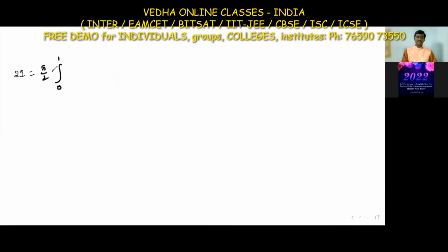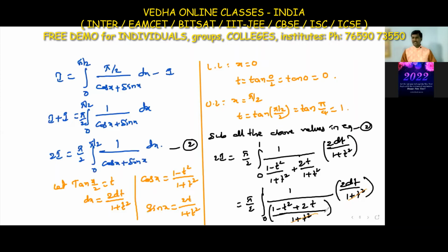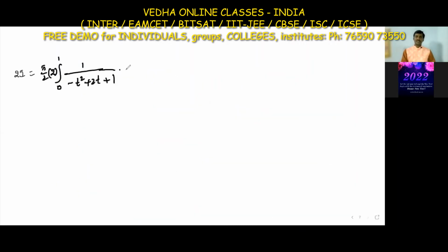Is it right? Minus t square plus 2t plus 1. These 1 plus t square and 1 plus t square cancel. Whole dt as it is. Understood? Here we can cancel this 2 and 2.